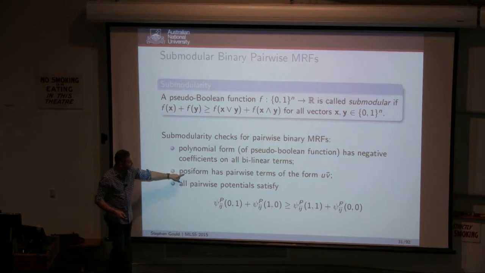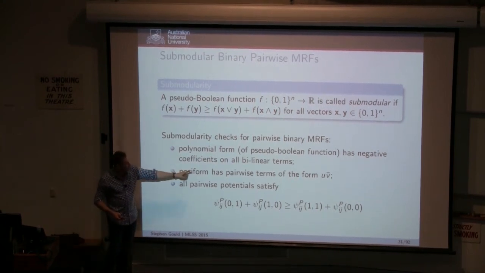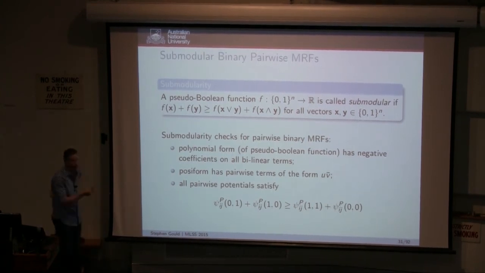Alternatively, if there exists a Posiform representation where all the pairwise terms have the form of a variable and the complement of another variable, then the pseudo-Boolean function is submodular.